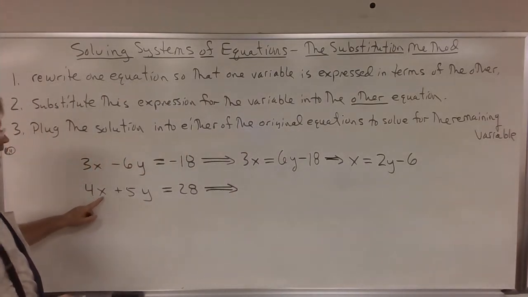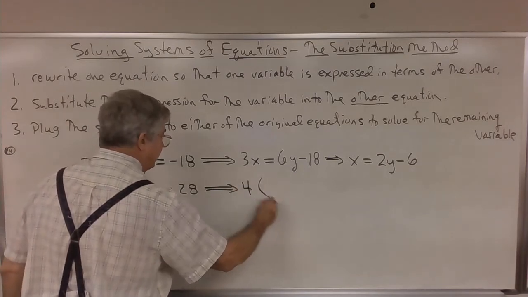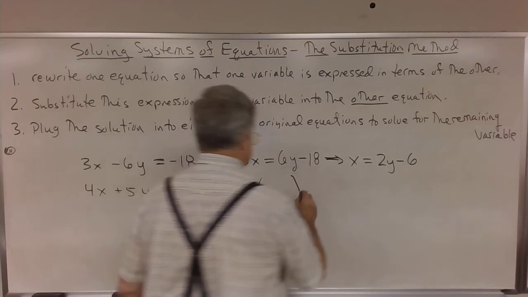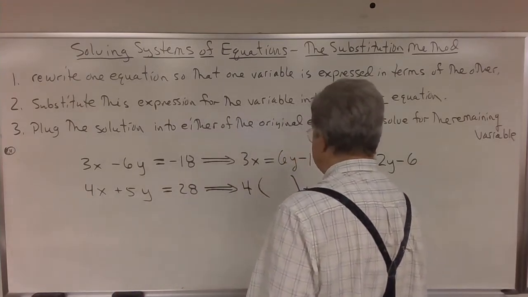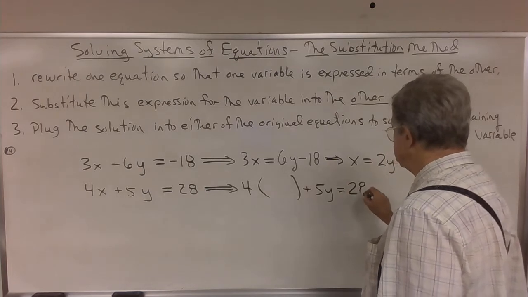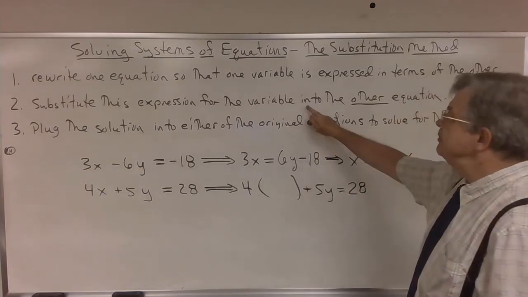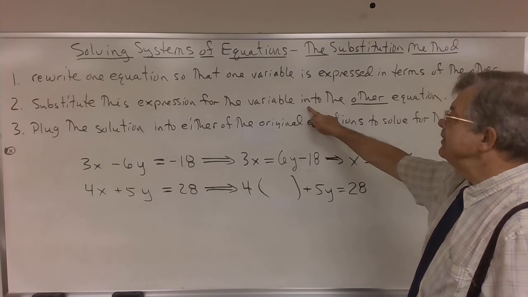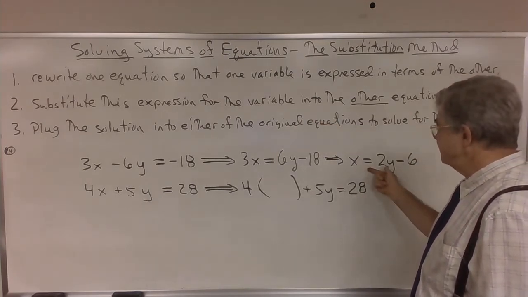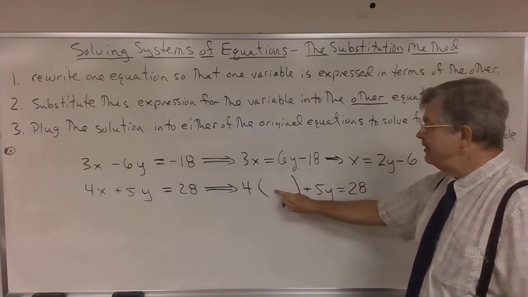So I have 4x plus 5y equals 28. And what I'm supposed to do according to step 2 is substitute this expression for x into this equation.